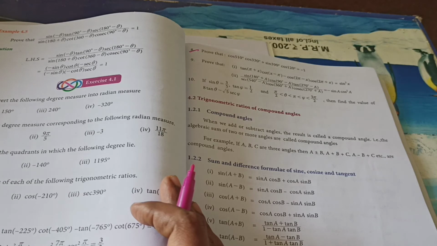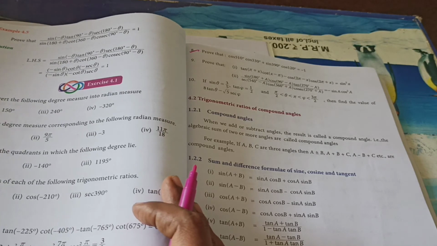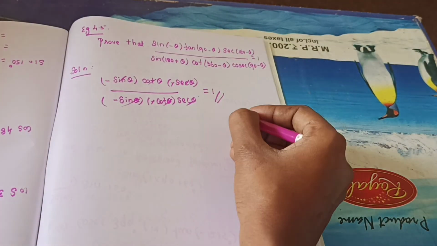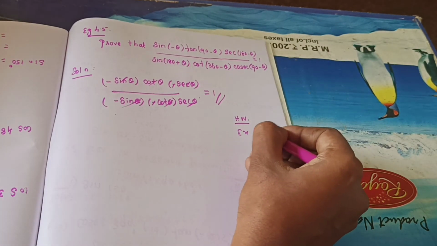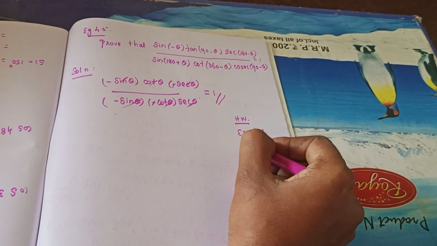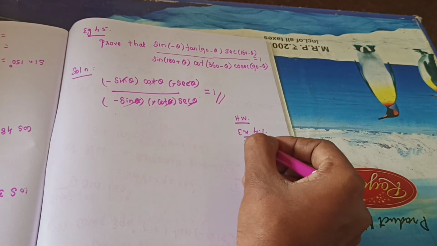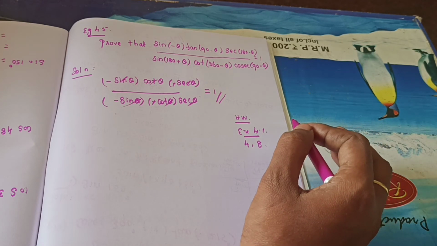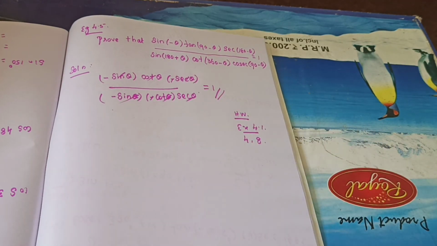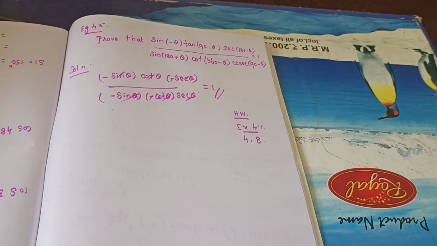So problem number 4 and 8. Exercise 4.1, problem number 4. In problem number 4, 5 subparts are there. Don't forget to do it as homework. Understand, students? So we will do the exercise now.